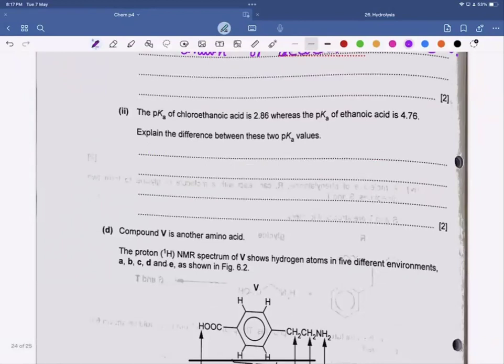Now part 2. The pKa of chloroethanoic acid is 2.86, whereas the pKa of ethanoic acid is 4.76. Chloroethanoic acid is ClCH2CO2H and ethanoic acid is CH3CO2H. Explain the difference between these two pKa values.